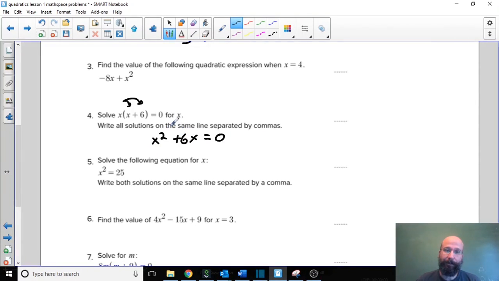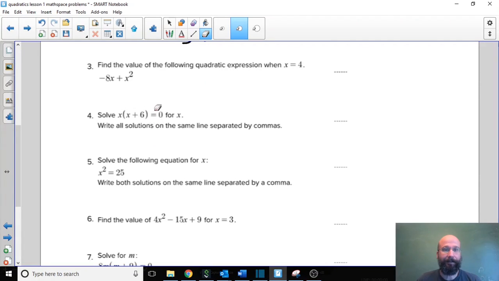Highest exponent of 2. Since these are Mathspaces, I'm going to do them all in Desmos. I didn't even have to multiply this. I just did it to show you guys that this is a quadratic, so I'm going to erase it to show you that you don't even need to do that.